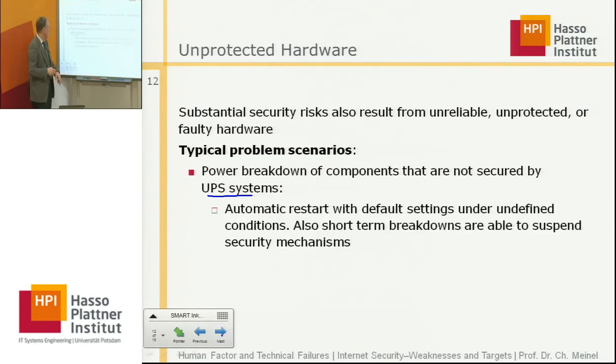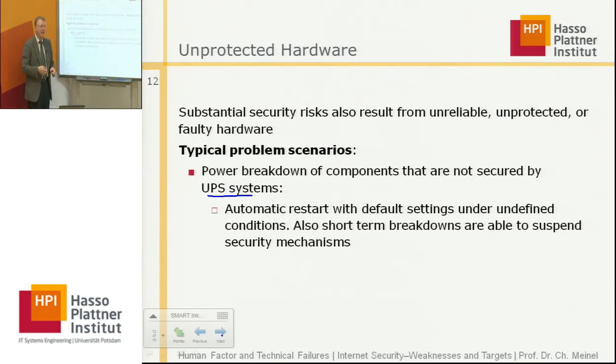What happens? Automatically, the system crashes down. So if you can cause a power breakdown, the system crashes down if it's not working with such a UPS system. And then, as soon as power comes up, the system restarts automatically.